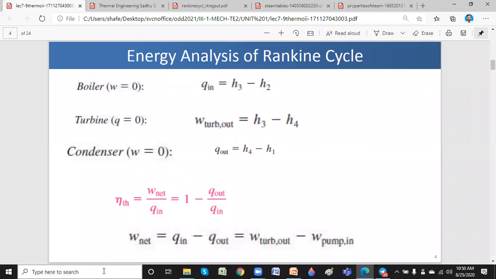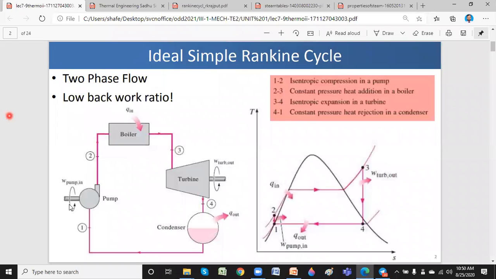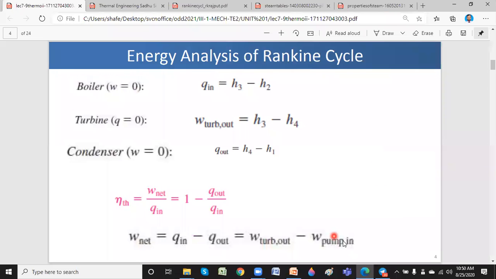So turbine work is H3 minus H4, and pump work: 1 to 2 is the process, so it is H2 minus H1 because 2 is the higher side. So H2 minus H1 is the amount of work I have given in the pump. Turbine work minus pump work, that's the net work. And obviously heat supplied is H3 minus H2.